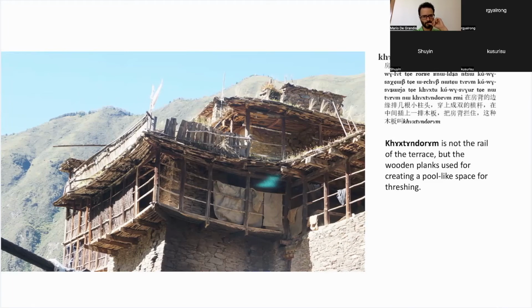And we can also find that there is a special terminology for this kind of wooden plank. You can only find them in the harvest season. In the other seasons, people will take them off.